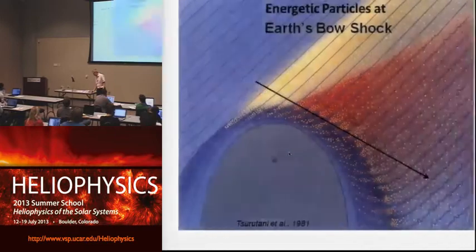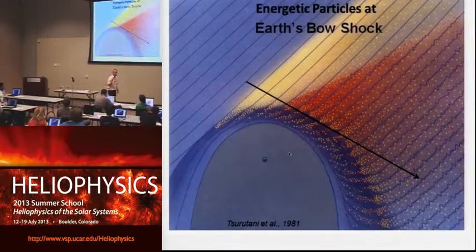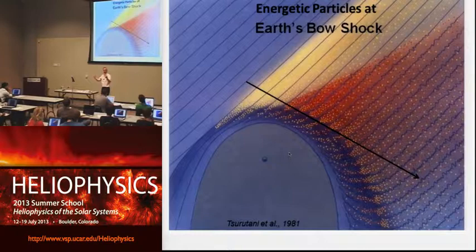We have to remember where that energy is going to come from. In the end it comes from the fact that at a shock we have a compression. The flow slows, so there is already a lot of kinetic energy in the flow which has to be dissipated. If you take a little bit of that energy and put it into high energy particles, that's all we need to explain the energetic particles we see.